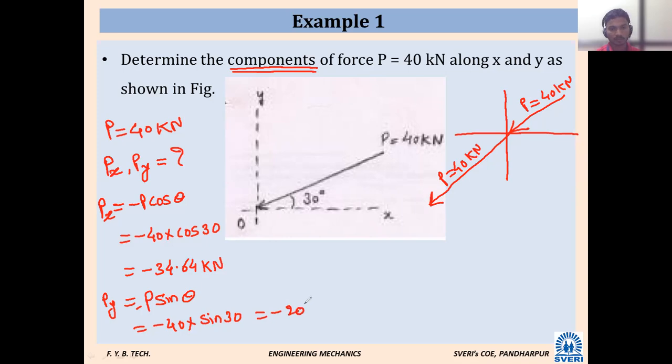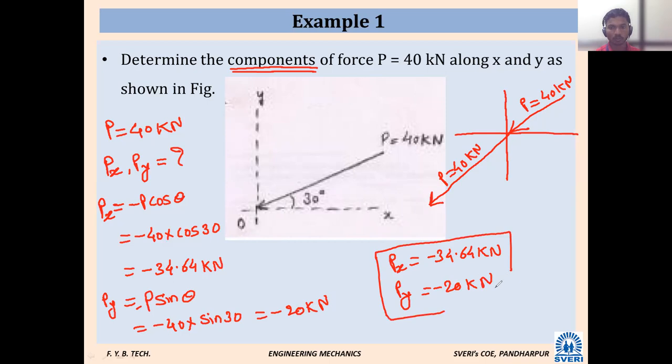Minus. So minus 20 kilonewton. Shall I show the sign? No. So Px is equal to minus 34.64 kilonewton and Py equal to minus 20 kilonewton. These should be the components of that force.